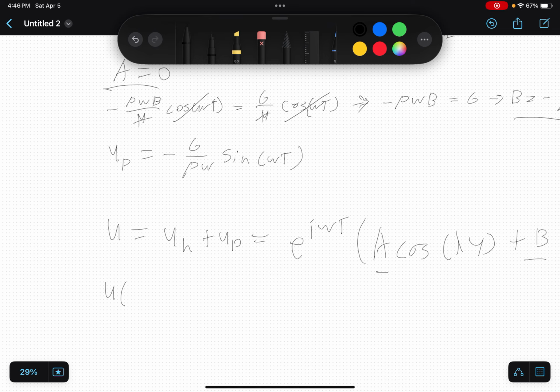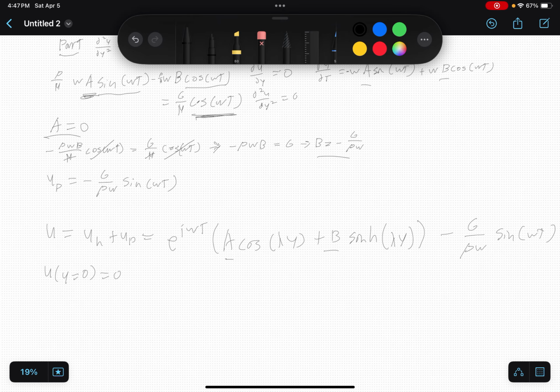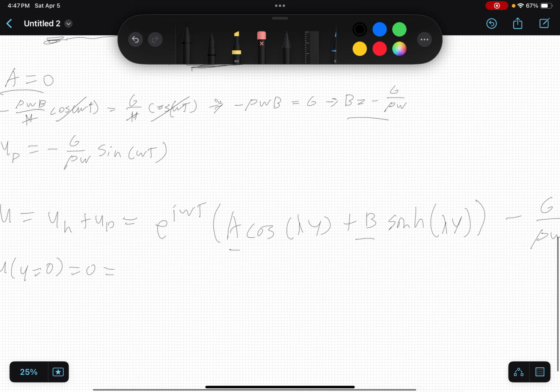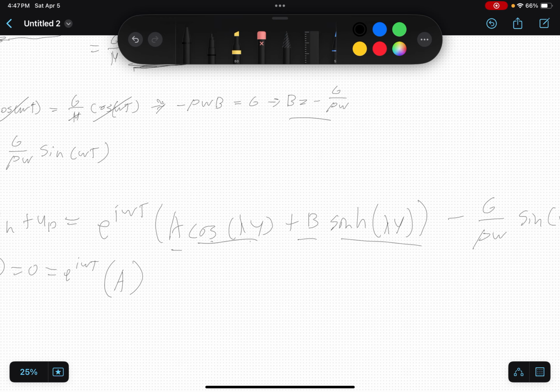So U at y equals 0 equals 0. And this would be a beefy equation. Well, okay, if we plug in 0 into cosine, we get 1. Plug in 0 into sine, we get 0. So we're going to have A, and the second thing will go away, so just A. I'm going to write it nicer.